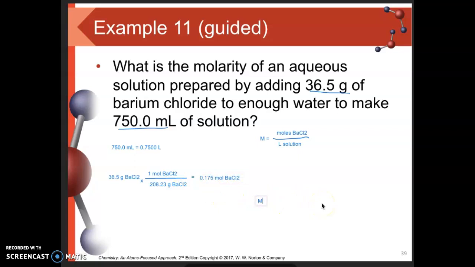So molarity is equal to 0.175 moles of barium chloride divided by 0.7500 liters of solution.